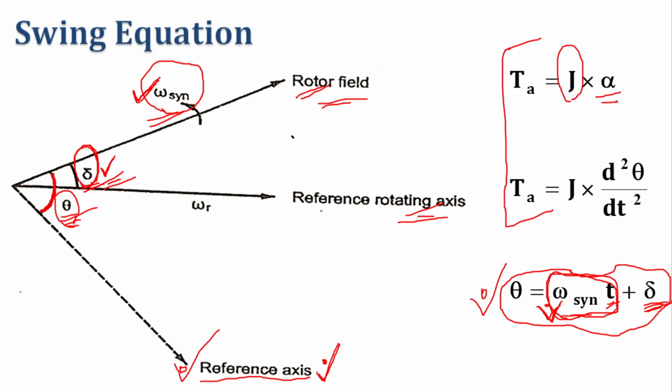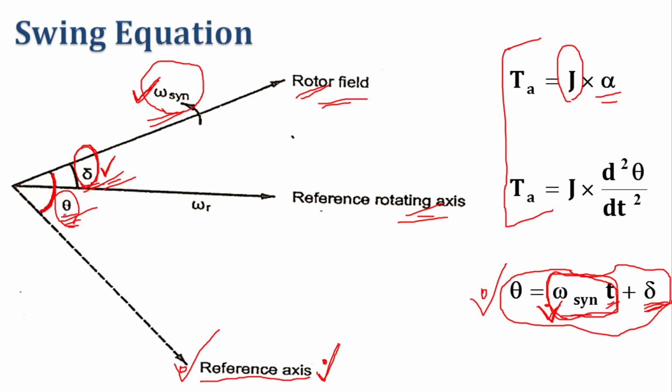Generally it is only acceleration, but over here we are going to talk about the angular rotation, so we will take angular acceleration. So accelerating torque is equal to J multiplied by alpha, that is the angular acceleration.